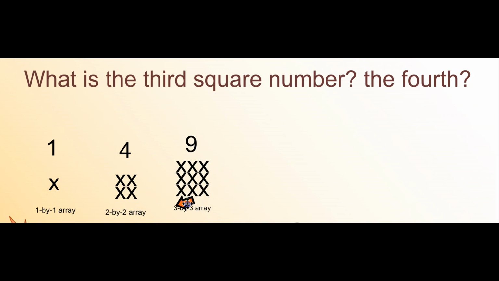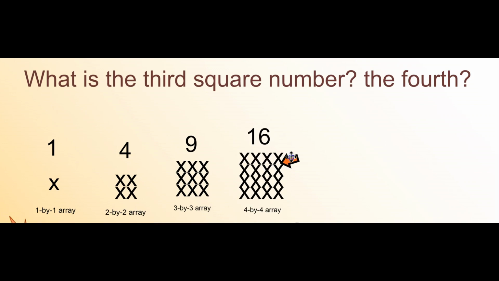Remember, a square number has to have the same number of rows and columns. Then, what's our fourth square number? It would be 16. 4 rows with 4 in each row, a 4 by 4 array.